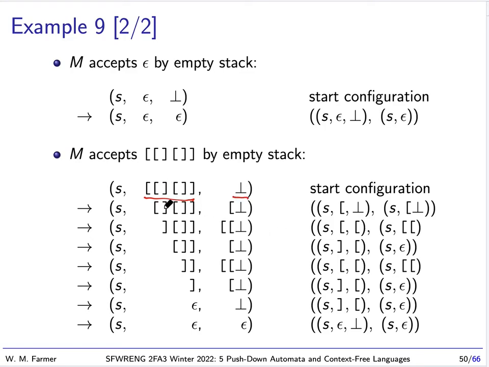And then what we're going to do is we're going to be reading this, and we use then this transition, which says if we're reading this and we have this, then we will pop this off, and then we will push the left parenthesis and the initial symbol. So we will get this.